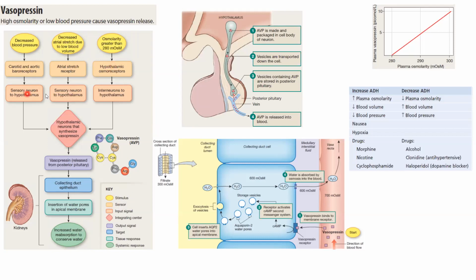Then these boxes are the input signal. This is the integration center. This is the output, and this is the target tissue response, and then systemic response. It will all make sense when we solve this.